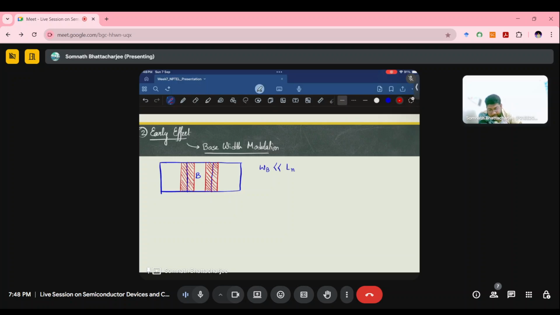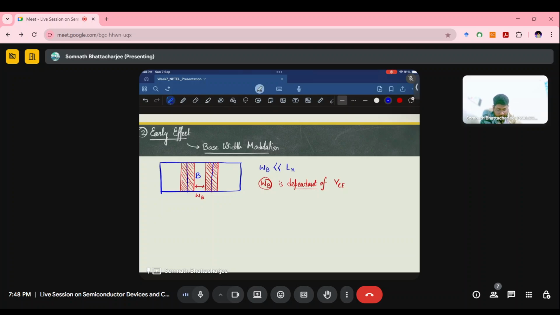So these are two depletion regions, right? So right now the effective length, let's say it is WB, and WB should be much less than Ln. Now the point of this is that this value of WB is dependent on VCE.